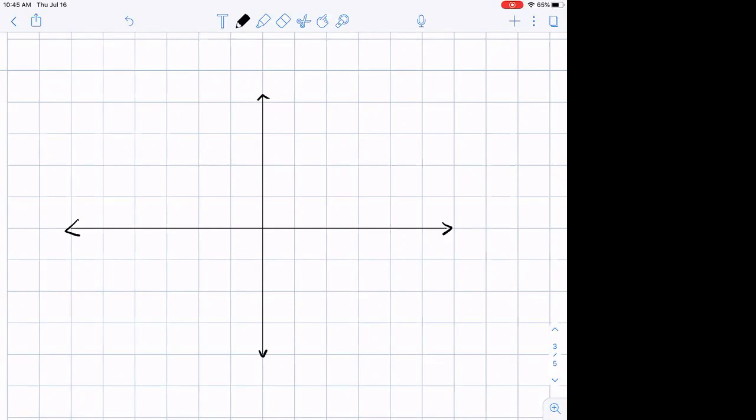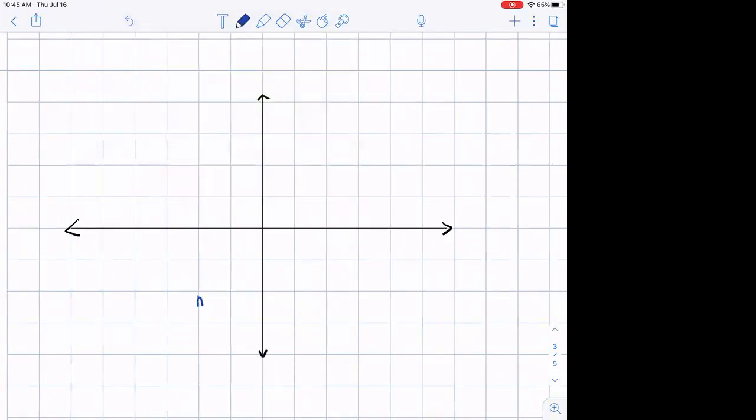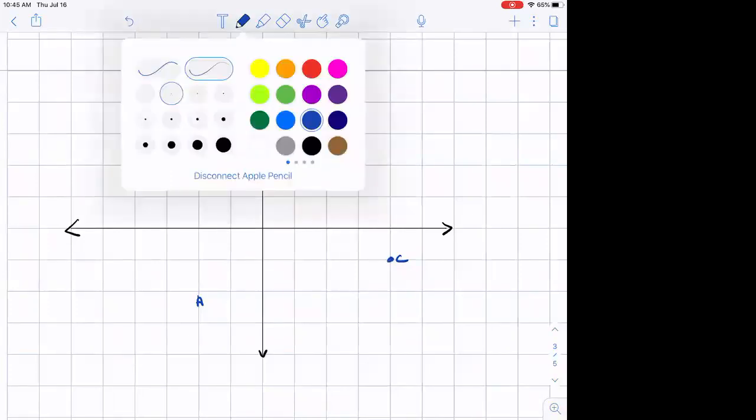So let's say we have 3 vertices of a triangle: A, B, and, I don't know, C. So what I'm gonna do now, I'm gonna draw a triangle.